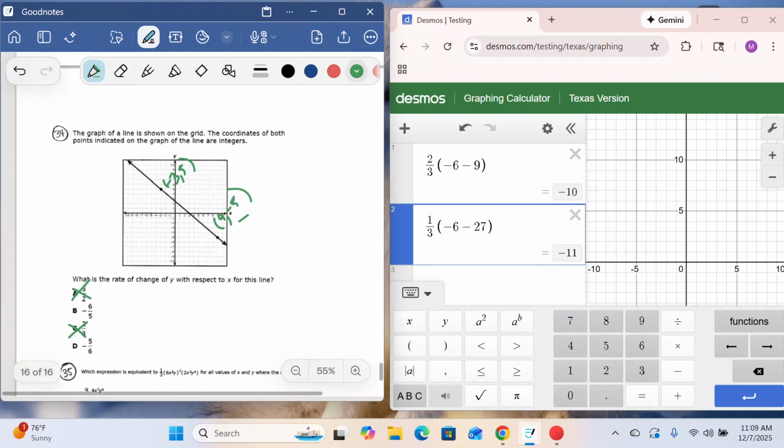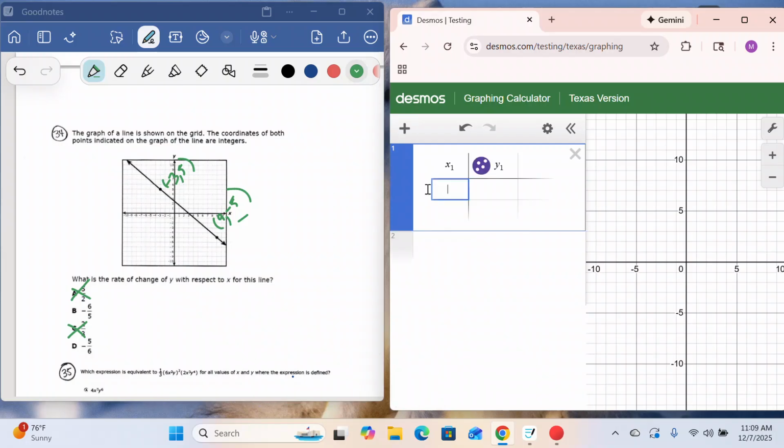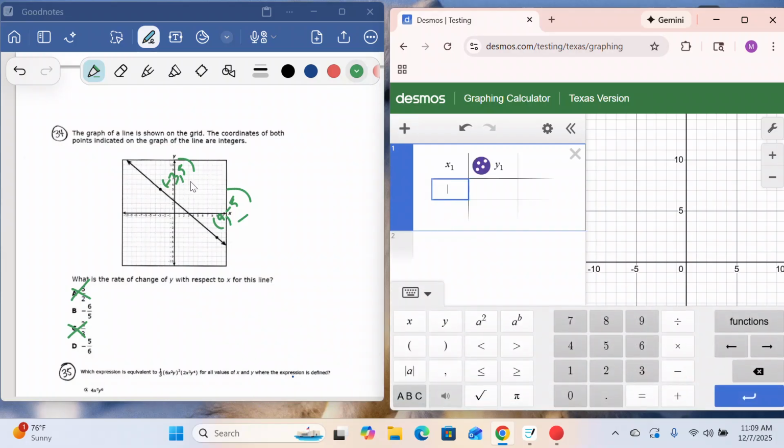So I have my two coordinates and I can go ahead and put that into a table. I'm going to delete this work and input my table format, and put -3 and 5, and this one is 9 and -5.